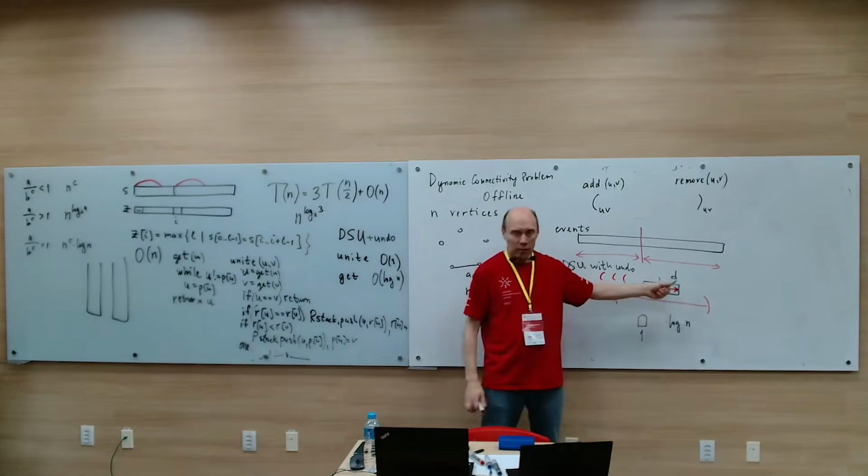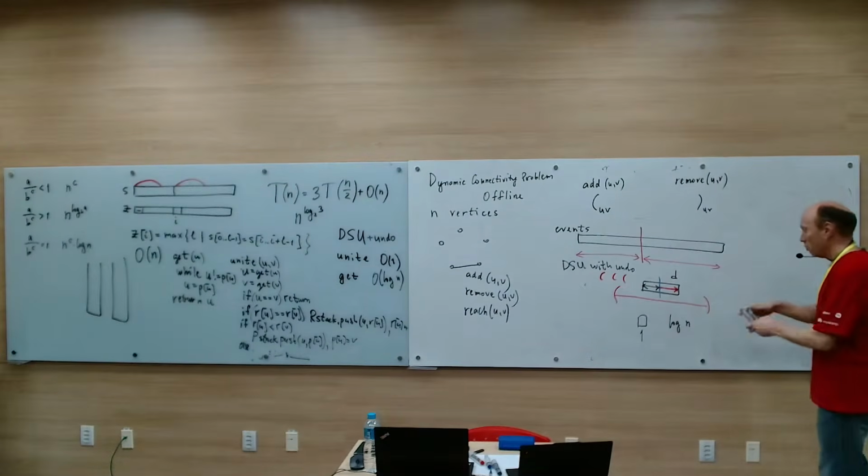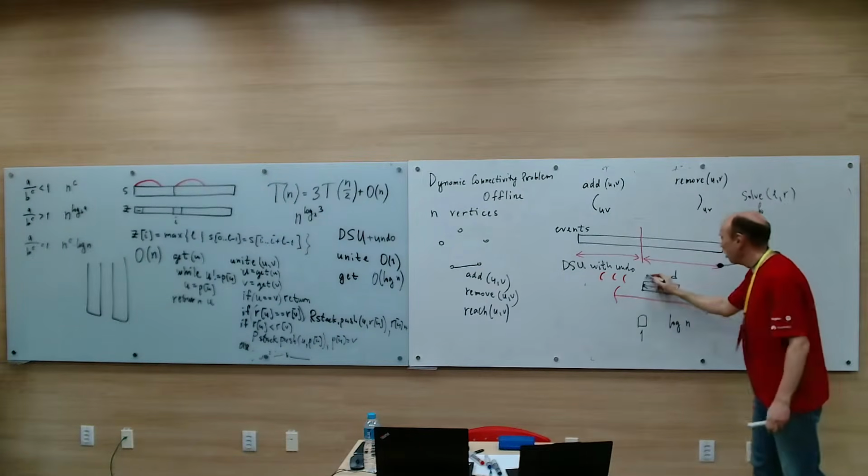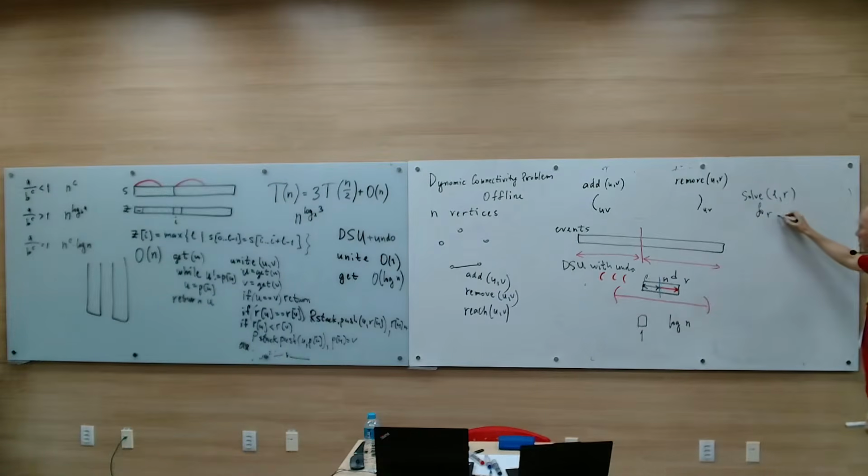DSU with undo. So the pseudocode will be like: solve from L to R. So it's L, R, it's M. For I from M to R, not inclusive, if event I is remove and its pair is less than L, then unite event U and event IV.